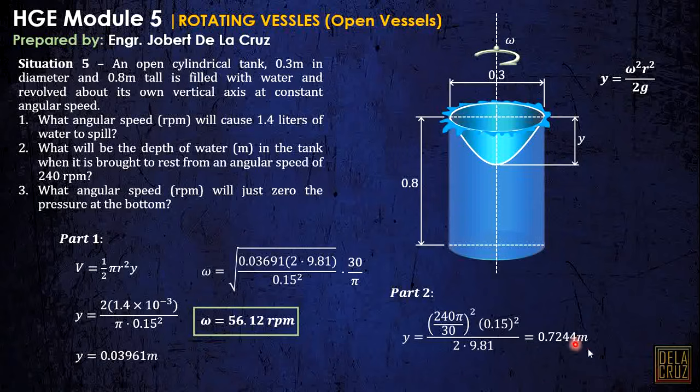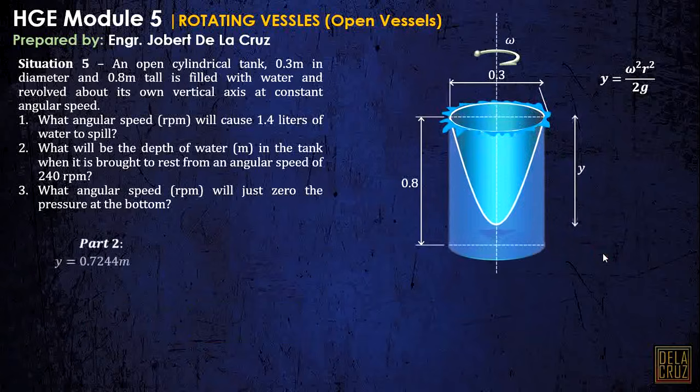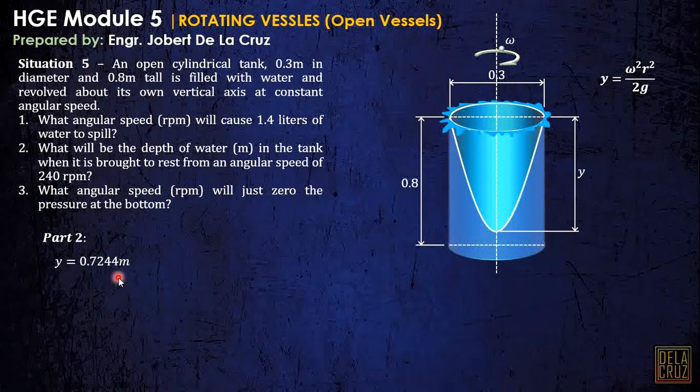Okay? So after this one, how can we calculate the depth of water when it comes to rest? Okay. So ito yung magiging case scenario natin. 0.7244 yung ating y, no? Pag pinaikot natin siya ng 240 RPM. Almost 0.8 na siya. Now again, take note, pag hindi lang umabot itong vortex natin dito sa bottom, then we can just use yung sinabi ko, yung iaangat ng ating parabola sa taas.